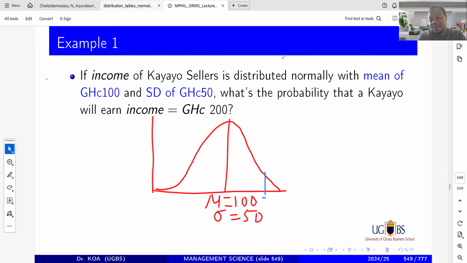Then you write that number 200. But you have to shade what you are looking for. And what are you looking for? You're not looking for above 200. You're looking for the area from the center to the 200. So you have to shade it. This shading is very important, and it's important also in an exam because it helps you to know what you are measuring.